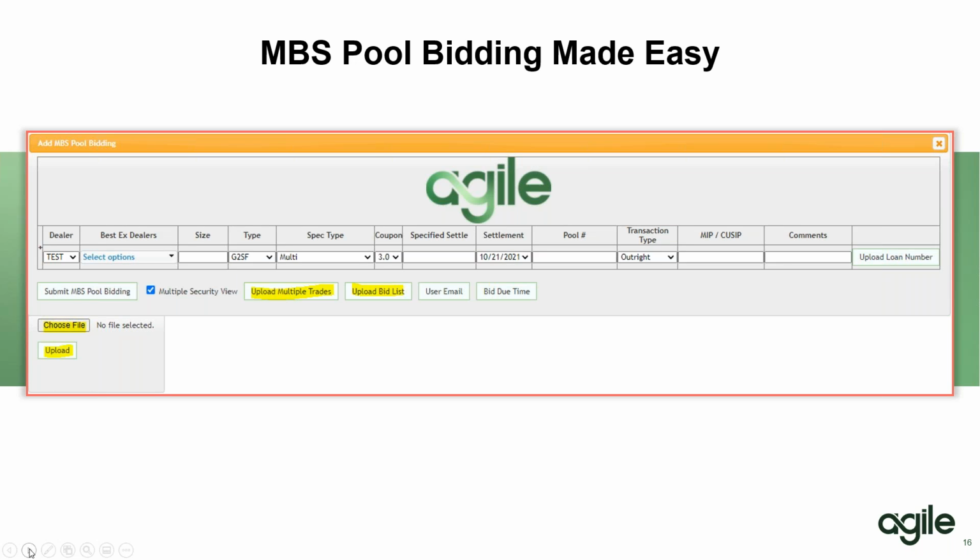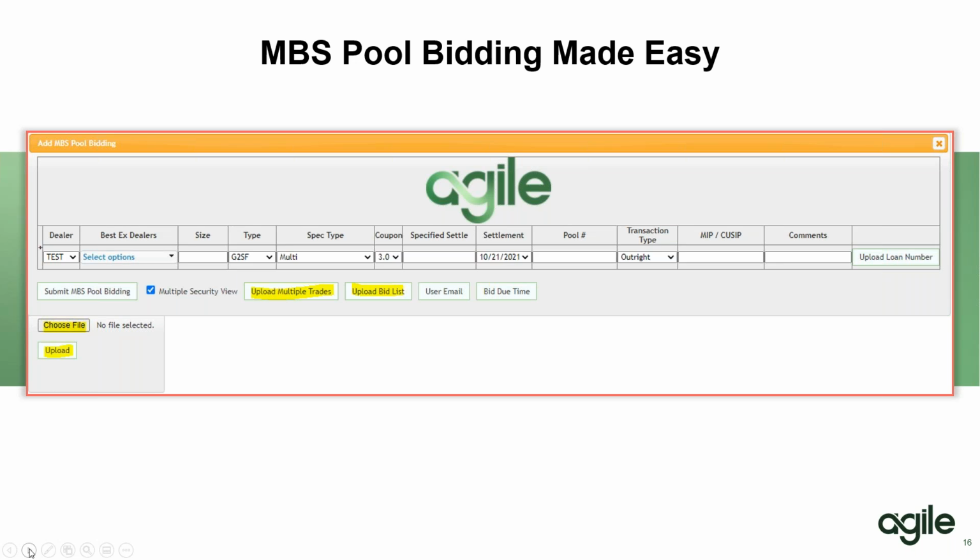Initially, you could come in here and manually enter all this information. The things I want to point out here are the transaction type. As a lot of you who do pools understand, you can trade a pool outright or you can trade it on swap. If you trade it on swap, we're going to have the functionality to do the assignment process at the time of confirmation of the pool as well.